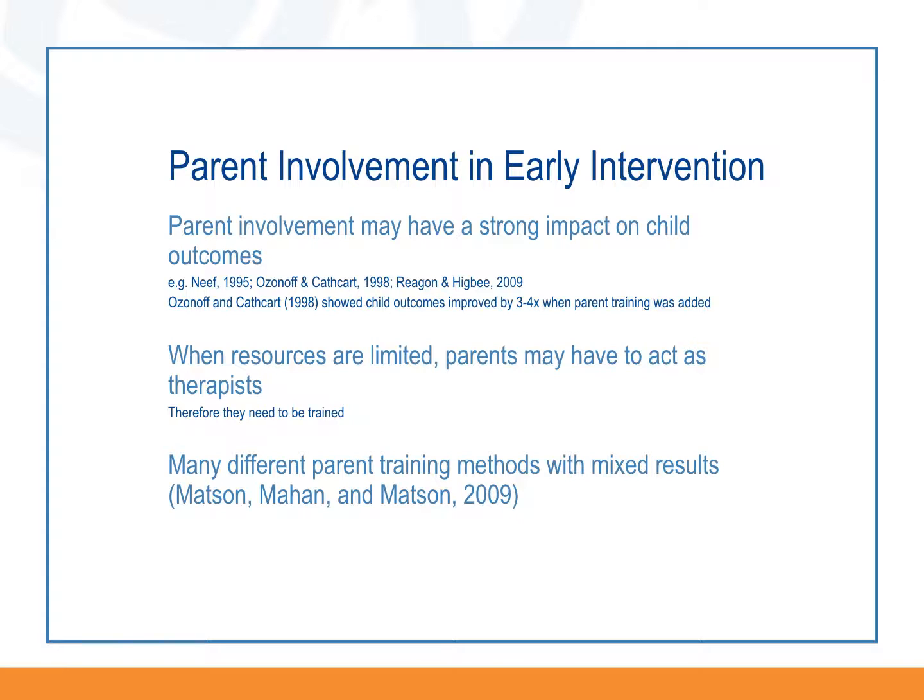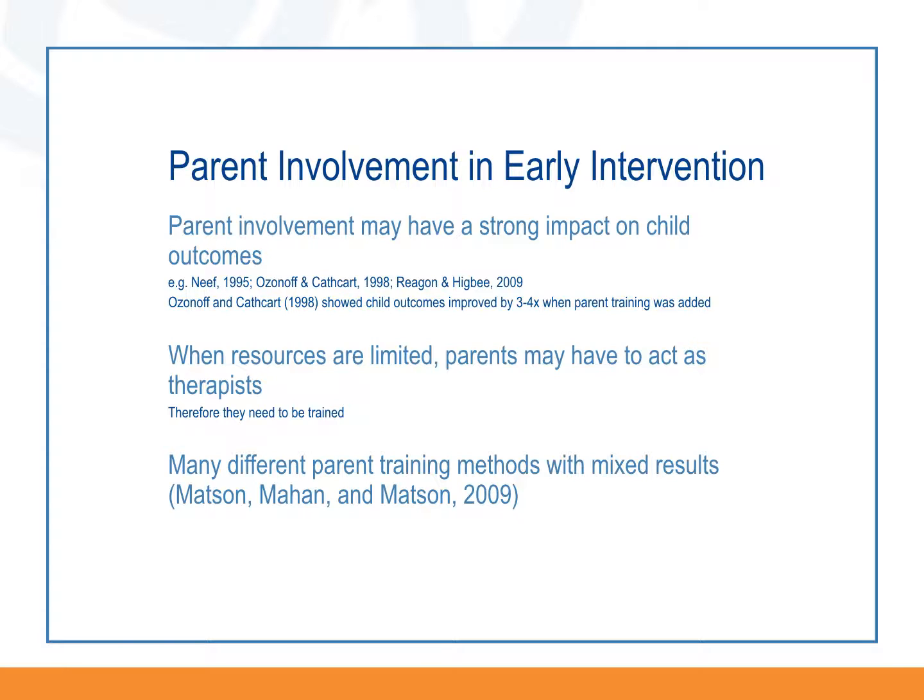In the Ozonoff and Cathcart study, children in an early intervention program were provided, for some of the children, additional parent training based on the TEACCH model. Those children whose parents received that additional training showed improvements that were 3 to 4 times that of the peers who did not have the parent training component.